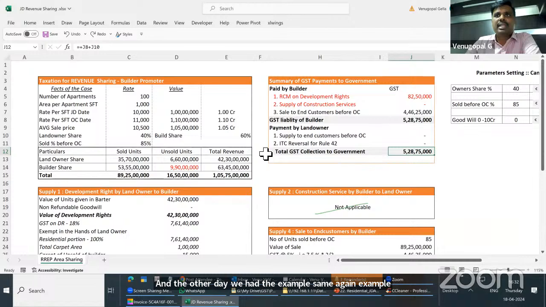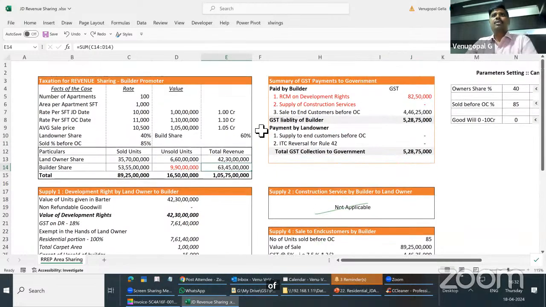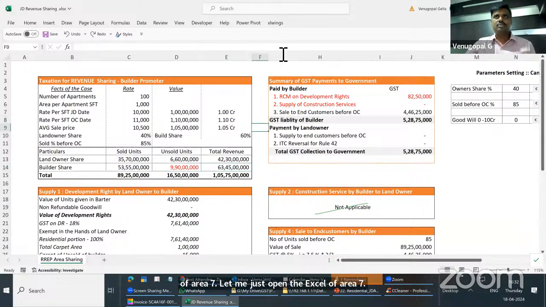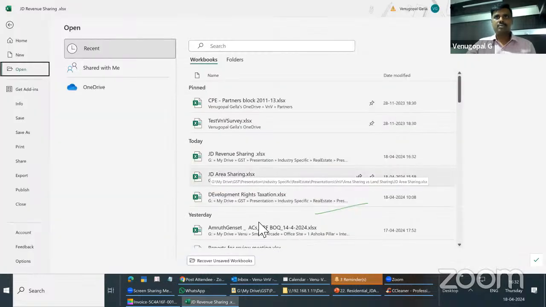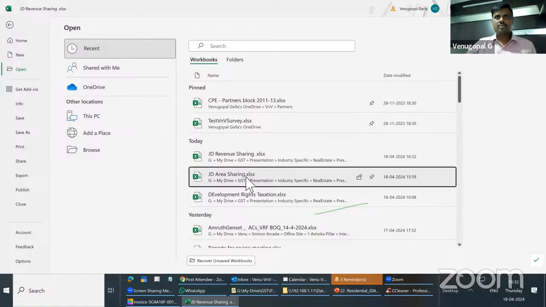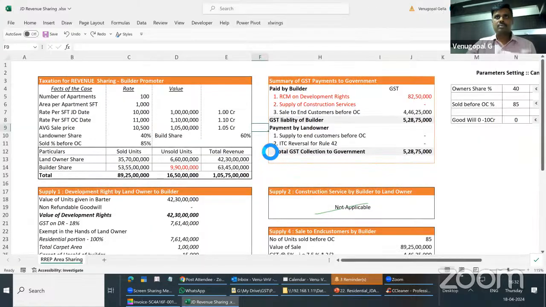Let me just open the Excel of area sharing. Now let's look at the area sharing itself.